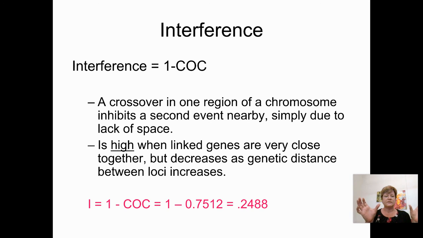Usually we think that it's a steric problem, meaning a problem with the amount of space there is, because you have small map segments. The enzymes needed to do a crossover are large proteins. So if one recombinase enzyme comes into segment 1 and does a crossover, even if another one is trying to come into segment 2, it might be pushed away or blocked from being able to get access to it. So we call that interference.